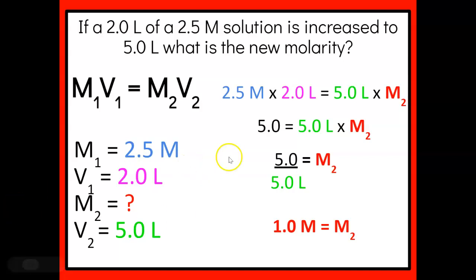But with dilutions, it doesn't have to be in liters. It can be in milliliters as well. So if you see a dilution problem and the units are in milliliters, that's okay, as long as you're solving in milliliters as well. So you don't have to do any conversions as long as both volumes are in milliliters. So you could see dilutions in both milliliters or liters, but for molarity, it has to be in liters.